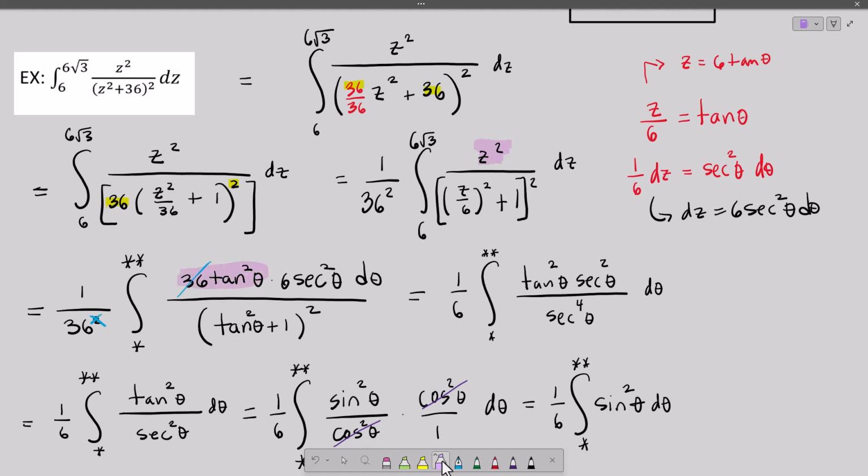And then we also multiplied by dz. So dz gets turned into this. dz is right there. So the dz becomes that part, and the z squared becomes that part. You see it? Yeah, lots going on.